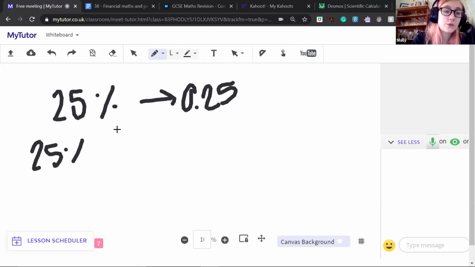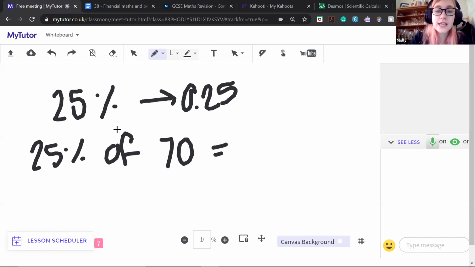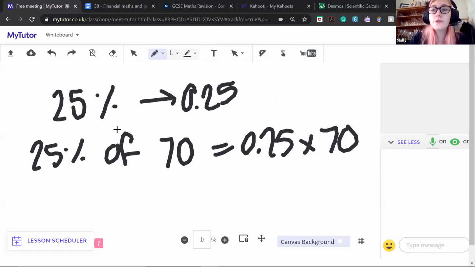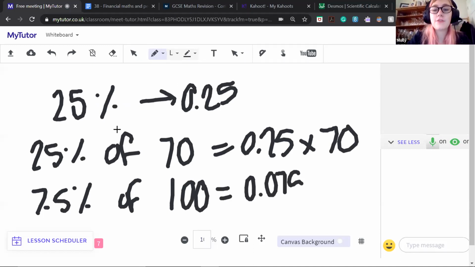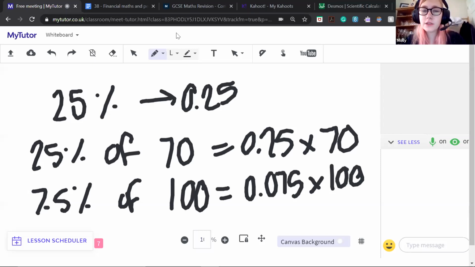So if the question said 25% of 70, that's the same as saying 0.25 times 70. If we want to do, say, 7.5% of 100, that's the same as saying 0.075 times 100. Does that make sense about the multipliers and how to find percentages? Because you'll need that for answering that question.